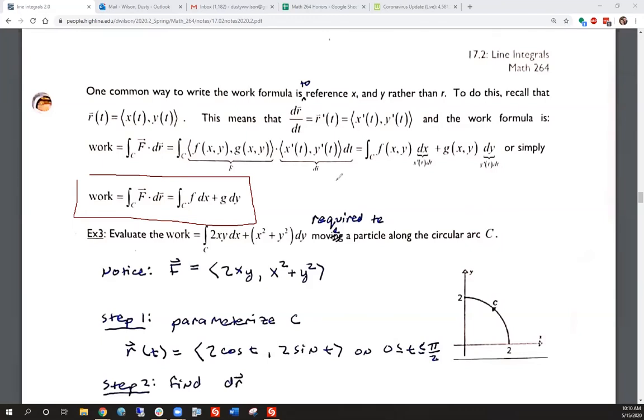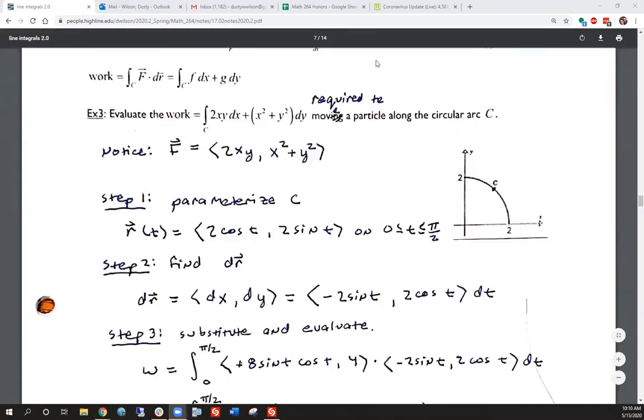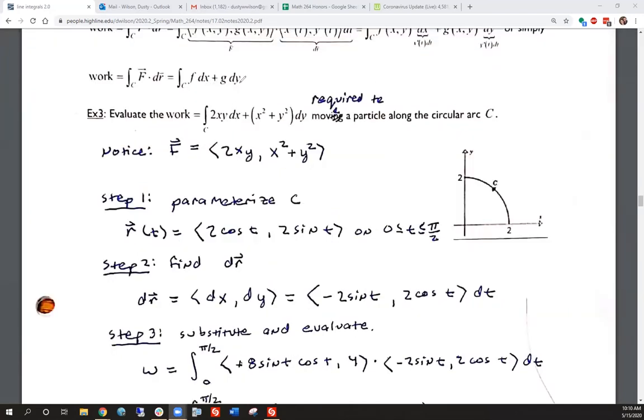Very good. All right. So when we look at example 3, what I'd like to do in the next few examples is just focus in on the parameterization and not really worry about the evaluation. Specifically, what I want to point out in the beginning is that we're using this second form of the work formula, this right-hand version.